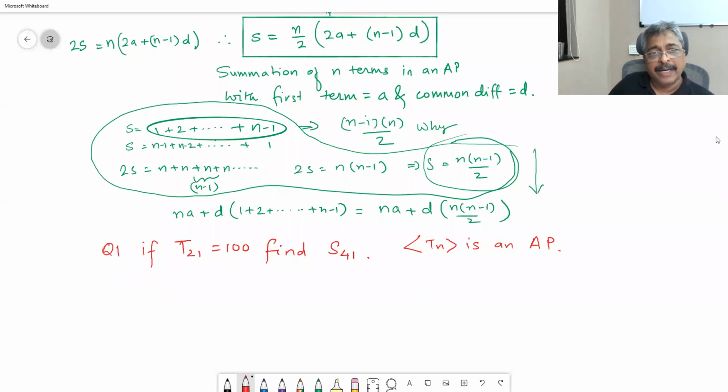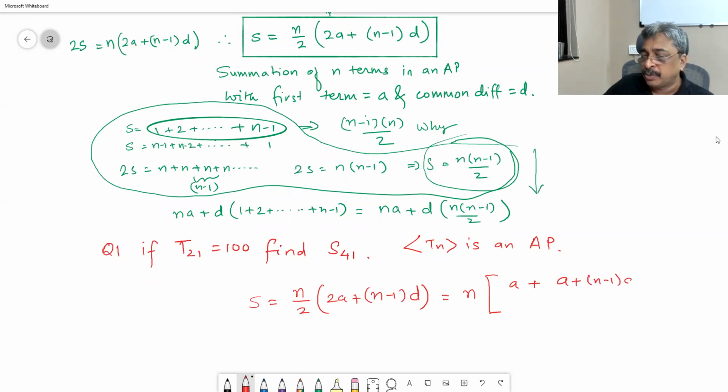Let us look at that formula. S is equal to n by 2 into (2a plus (n minus 1) times d). Can I write it like this? n into (a plus (n minus 1) times d upon 2).